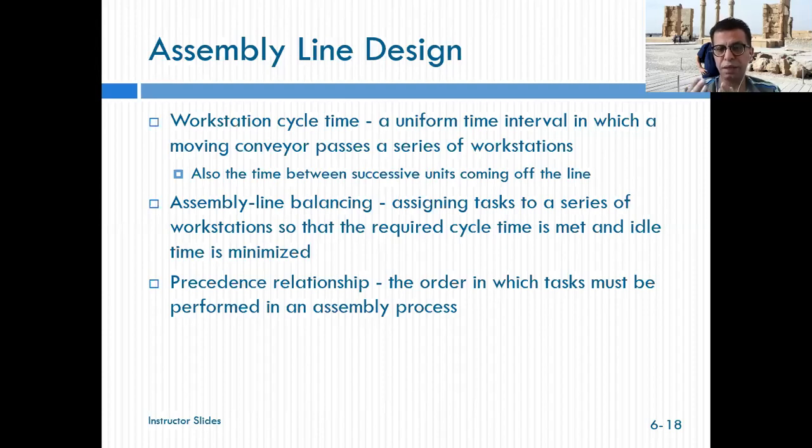Assembly line balancing is assigning the tasks to a series of workstations so that the required cycle time is met and idle time is minimized. I will show you later how it looks so you can understand better. Then there is the precedence relation, the order in which tasks must be assembled.